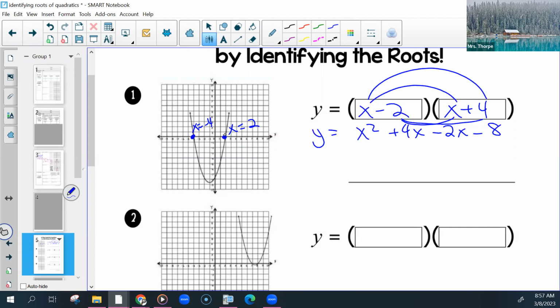And then we would combine like terms. If I graph that equation, it should end up the same as this. So this and this are really the same. This is just in factored form and this is standard form.